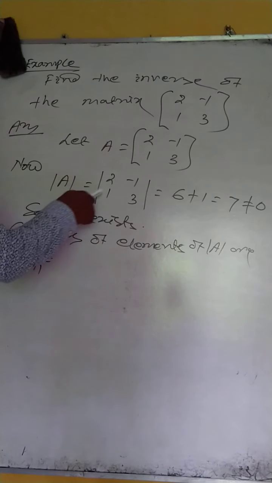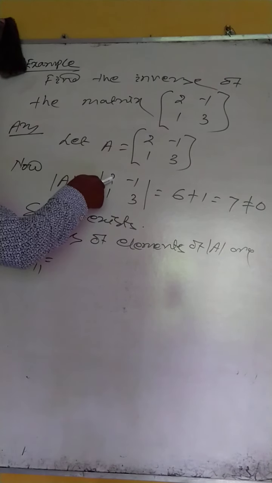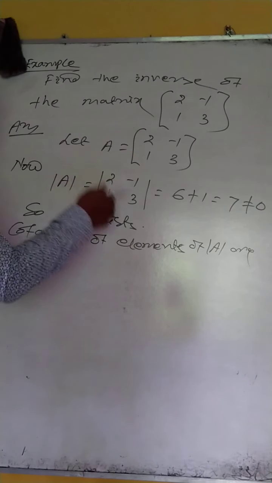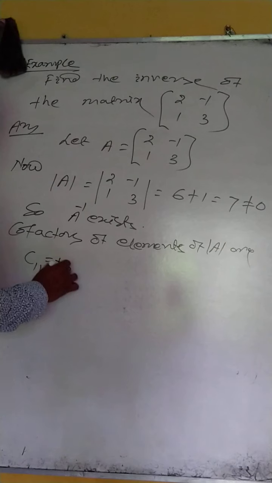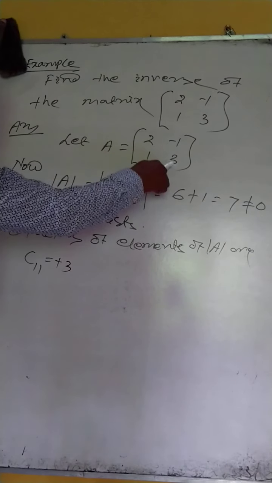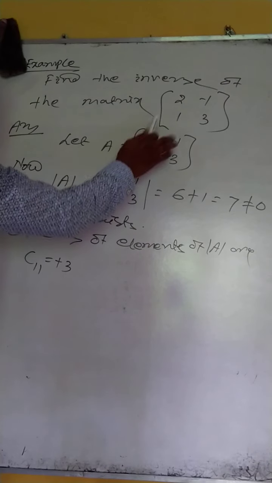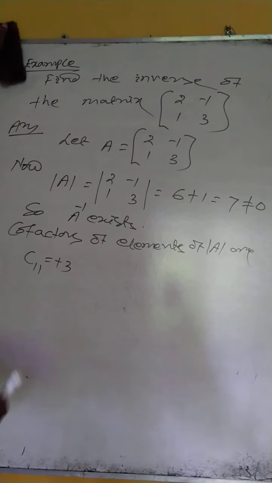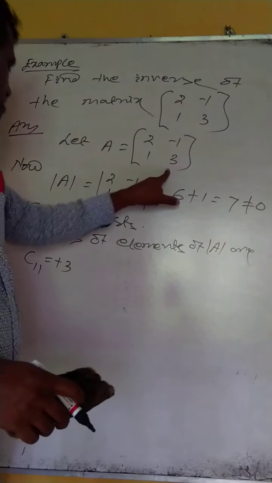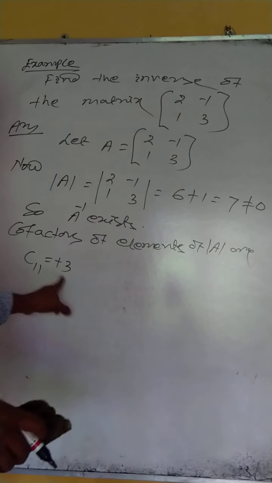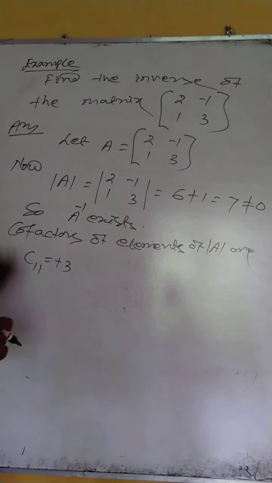You know that the cofactor of the first row first column element is plus of its minor. The minor of 2 is 3, since 2 belongs to the first row first column and we omit it, so we get only 3. So the cofactor of 2 is 3, that means C11 is plus 3.